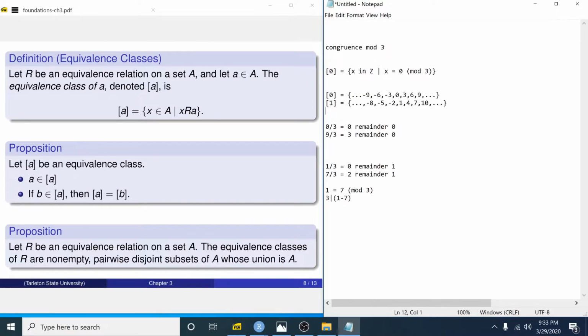The last example I'm going to give here is bracket 2. Bracket 2 is the equivalence class of the element 2. It's the set of all elements in Z that are congruent to 2 mod 3. And this would just be -7, -4, -1, 2, 5, 8, 11, and so on.